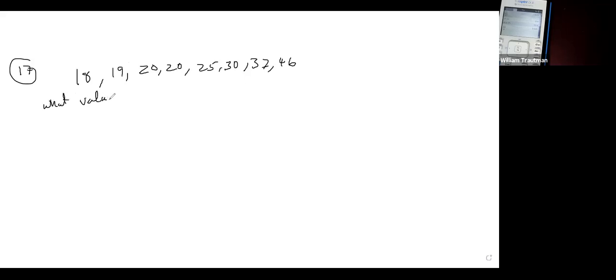What value corresponds to the 28th percentile?